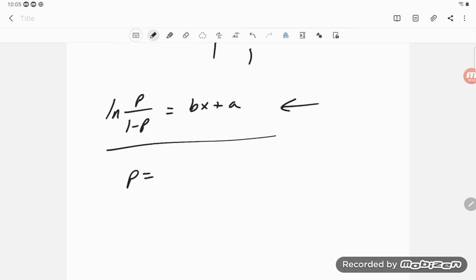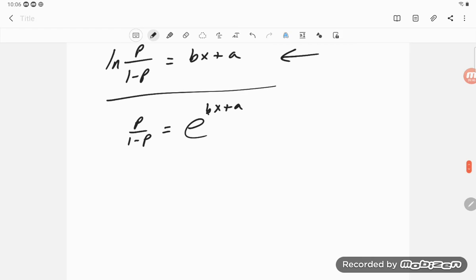We don't have to repeat this over and over, but I suppose to see it once is not a bad idea. I'll exponentiate both sides, so P over 1 minus P is e to the bx plus a.